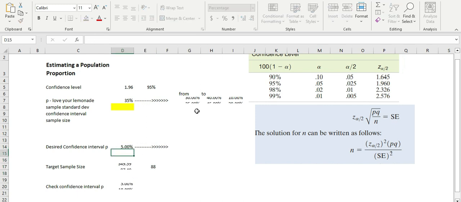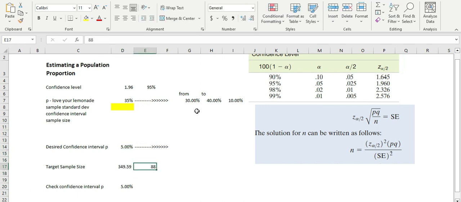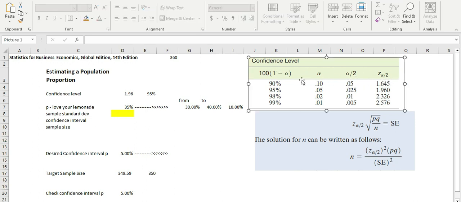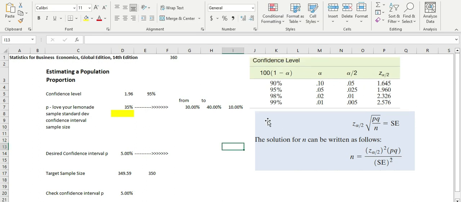I hope that's clear. I will explain this computation again. I've been explaining this in the past videos, and I just put it here for reference. It's easy to understand. I use the 95% confidence level, so I use 1.96 here.